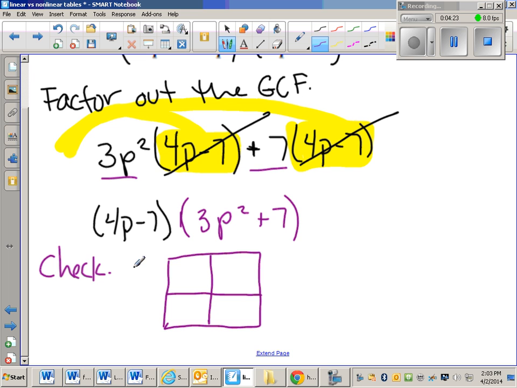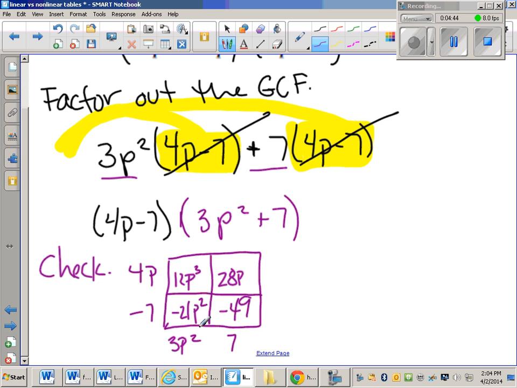Let's see, we would have 4p minus 7 and 3p squared and a positive 7. So this box would be negative 21p squared. This box would be 12p cubed. This box would be 28p. And this box would be negative 49.